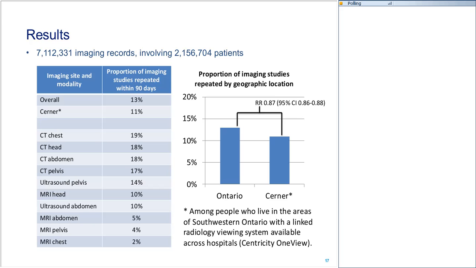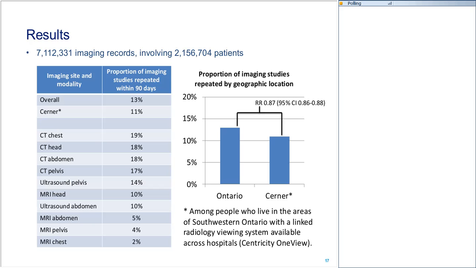And then as an additional analysis, we looked at a subset of the population who reside here in southwestern Ontario. Here in London and in the surrounding area, I believe it's 12 hospitals, have a linked radiology viewing system available. So across all of these hospitals, the physicians are able to see the images that occurred at other sites potentially.